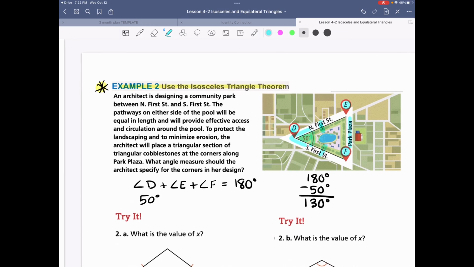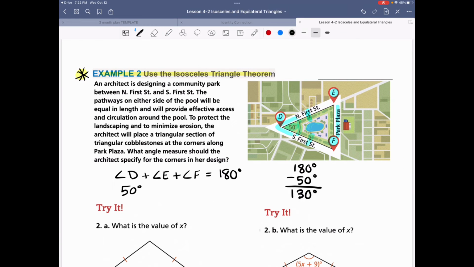So E and F, those angles, have to also be equal in measure because of the isosceles triangle theorem. So if angle E equals angle F and angle E plus angle F have to equal 130 degrees, then we're going to divide 130 by 2 to figure out each angle.